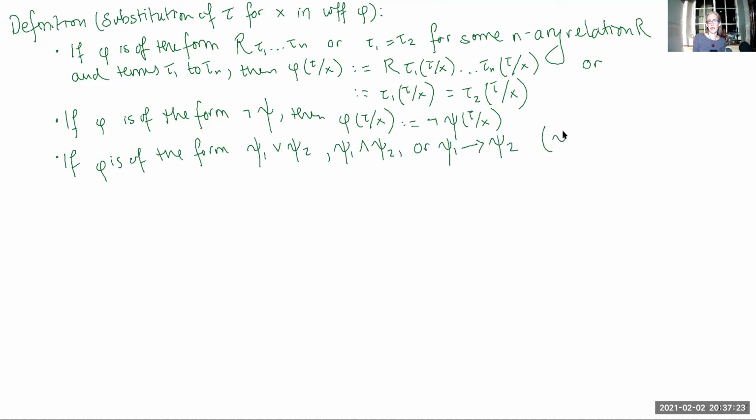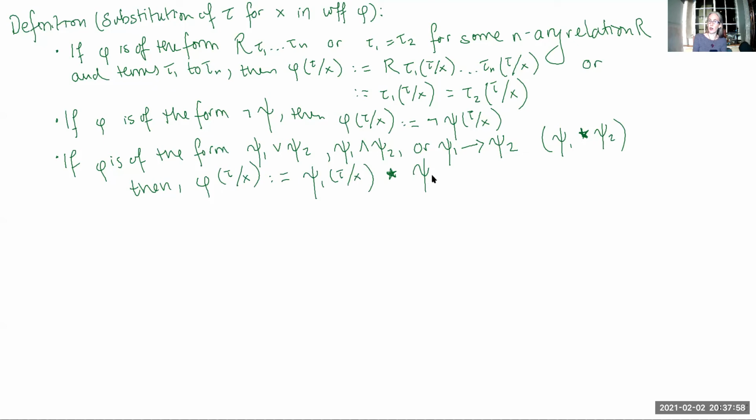So let's just make it easy. Say, let this little star represent any of disjunction, conjunction, or implication. Then the result of substituting tau into phi is going to be, you guessed it, the result of substituting it in for x in psi 1, and then take whichever connective it is that you have, disjunction, conjunction, or implication, and concatenate.